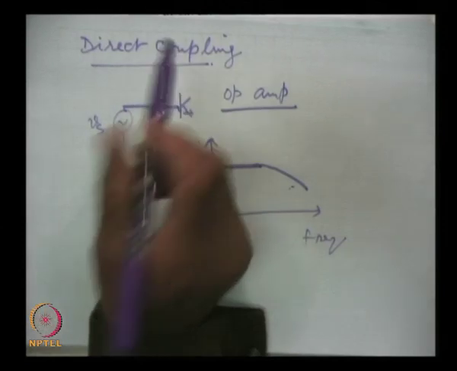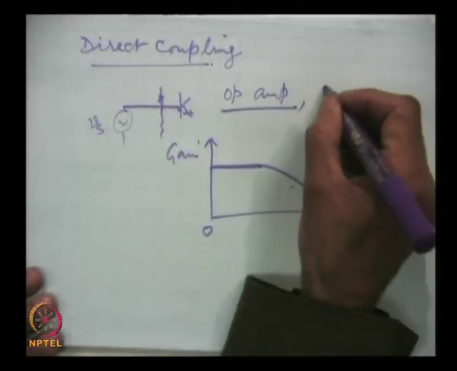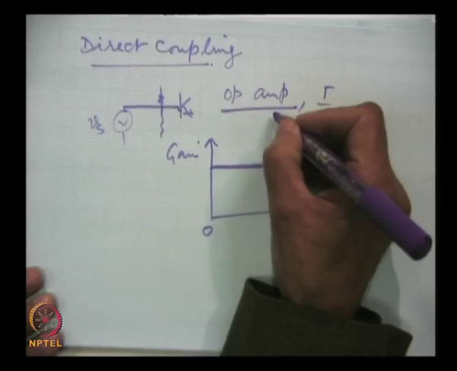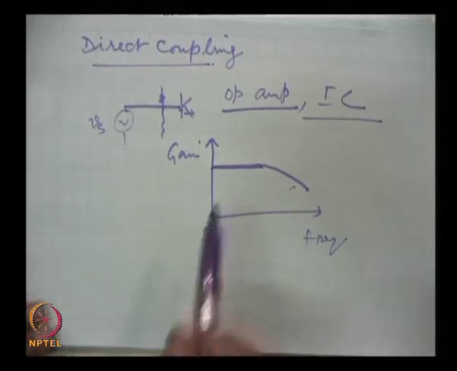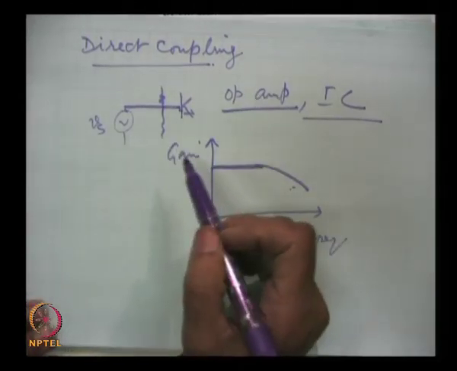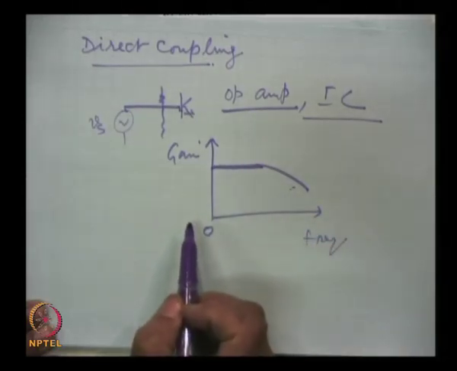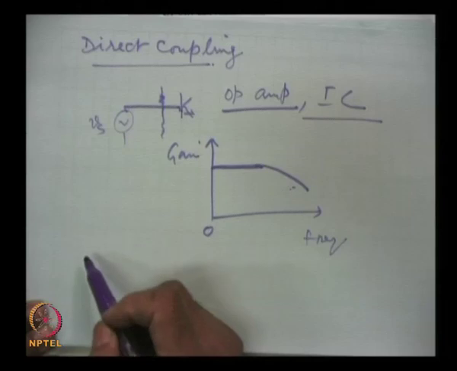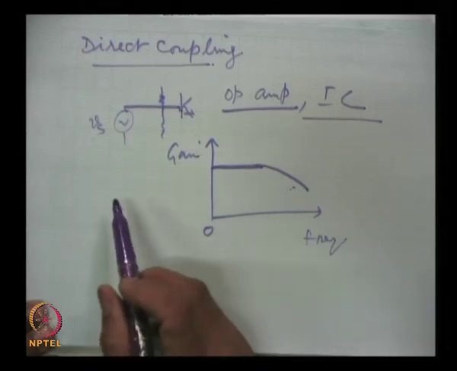So, direct coupling is used in ICs, and an op amp is also in IC form. Integrated circuits and op amps make use of direct coupling. There are two advantages. There is no need of capacitors, so capacitor formation in IC will not be required.